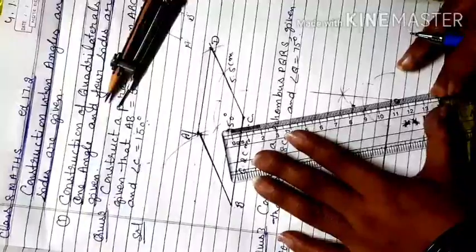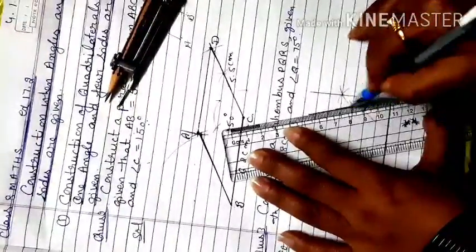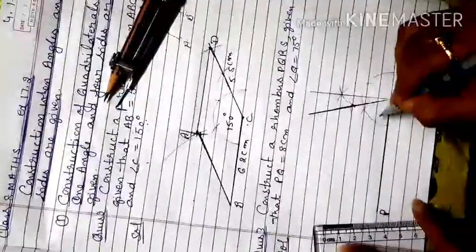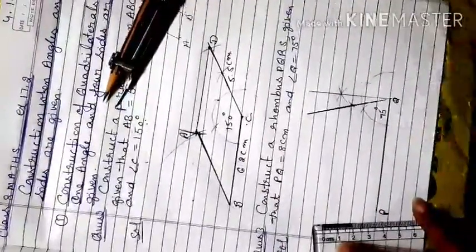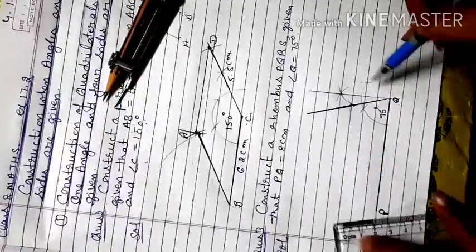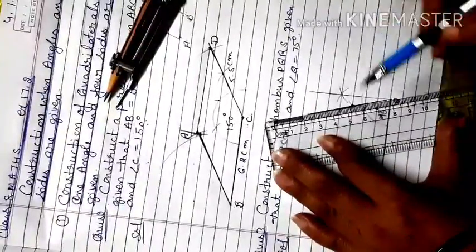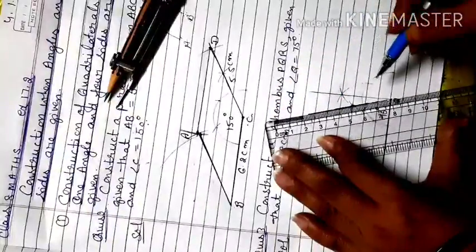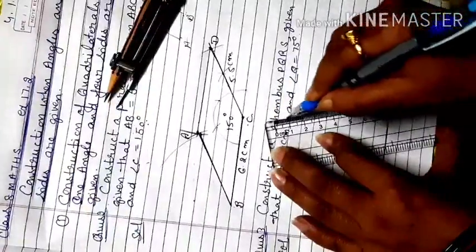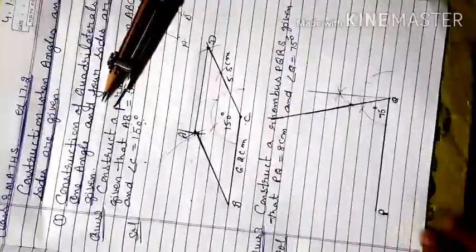So here I will just join that point. This is 75 degree. Now, though all rhombus sides measure 8 centimeter, I will mark 8 centimeter. Because it will go beyond, you can extend up to 8 centimeter here.